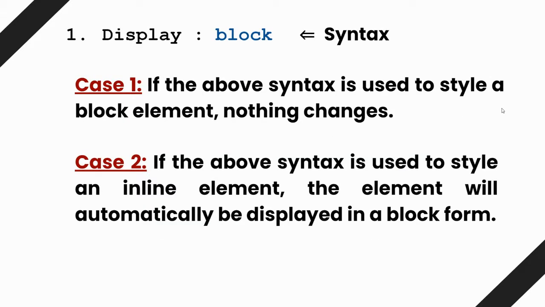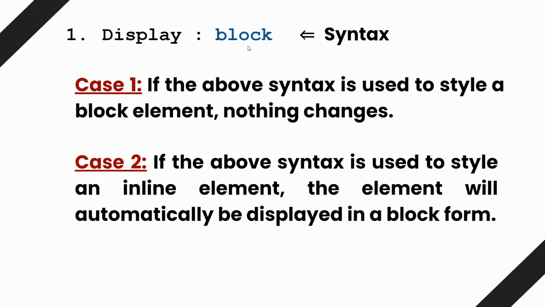Yeah, so first we have the display which has the value of block. As you can see above on the syntax, the display is assigned the value of block, and there are two cases where you can use this particular syntax. Now, for case 1, if the above syntax is used to style a block element, nothing changes.